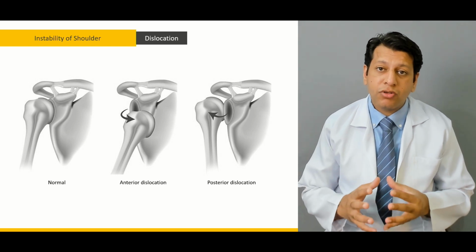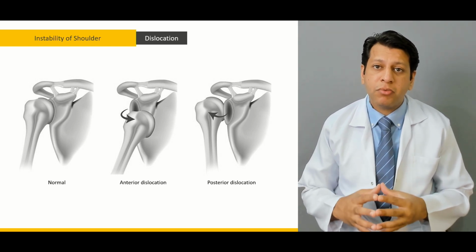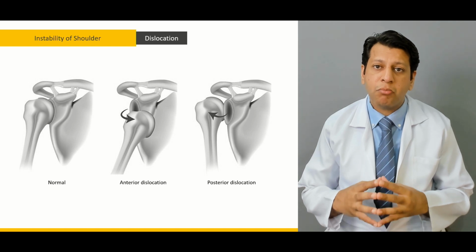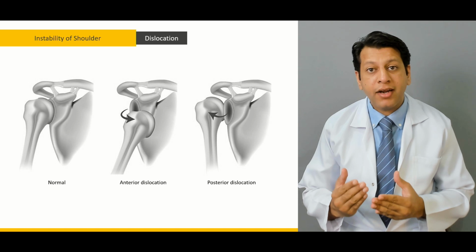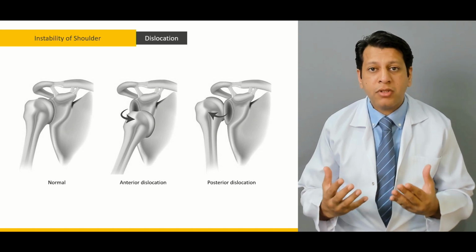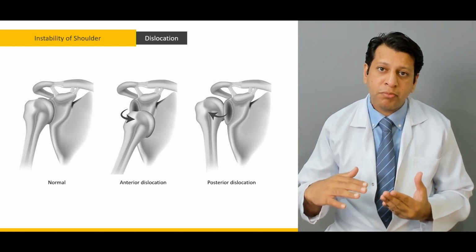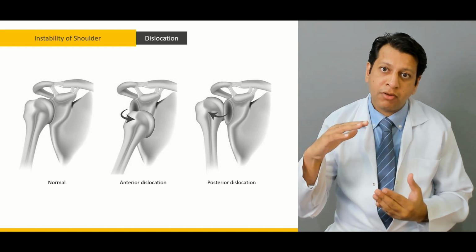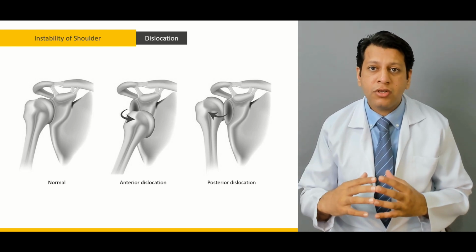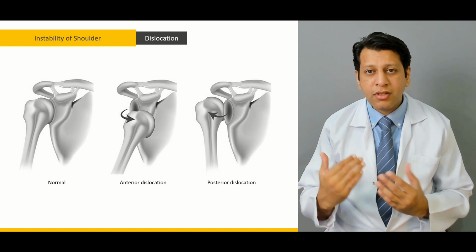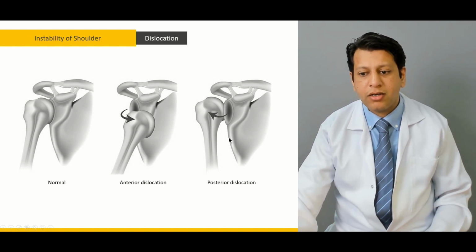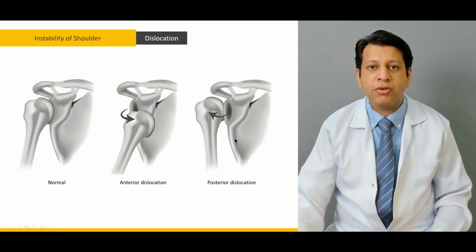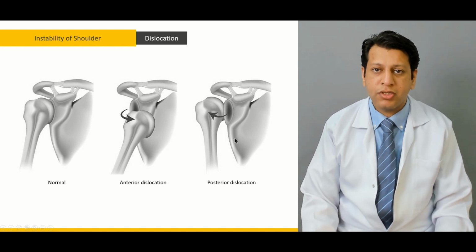Now this inferior dislocation, although less than 0.5%, has a specific mechanism in which the arm was above the head at the time, and for example something was falling on top of the person and he tried to protect himself. In this kind of situation, the force is usually acting in such a way that it pushes the olecranon downwards, and eventually the head goes into an inferior dislocated position.